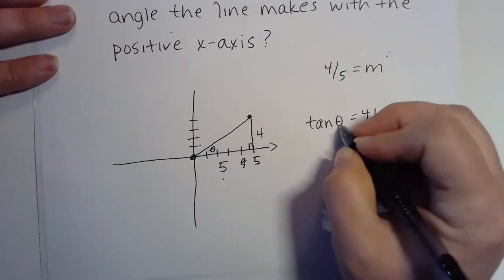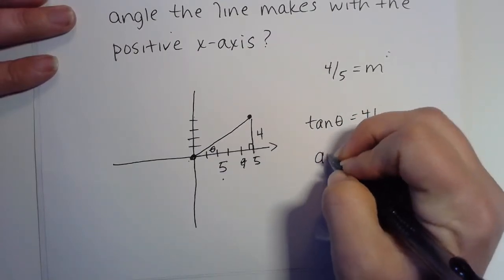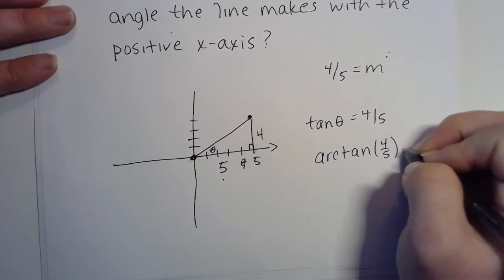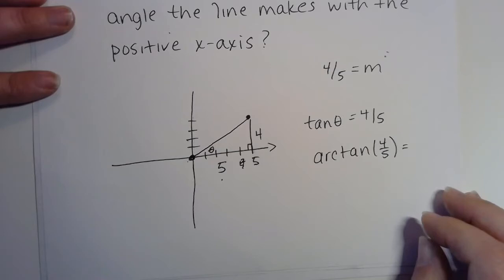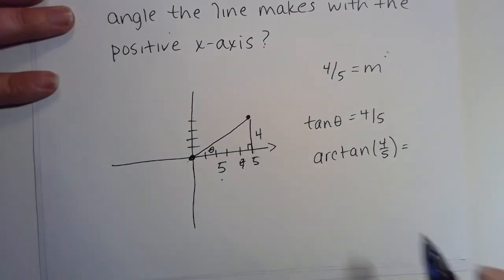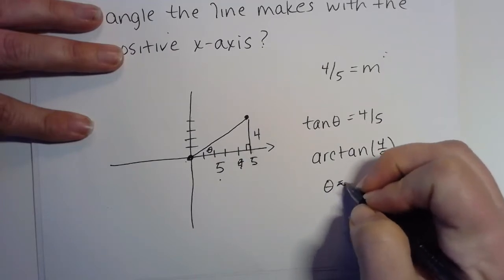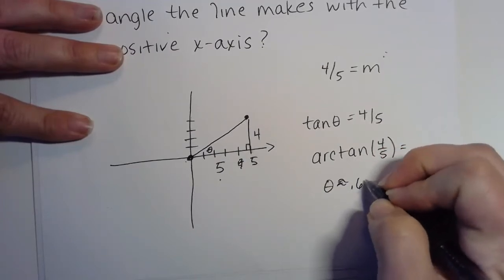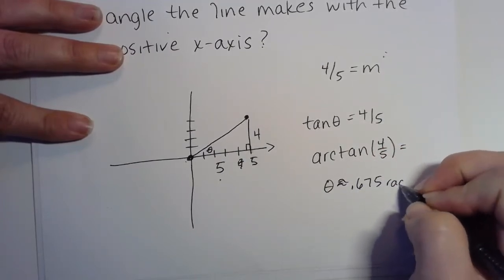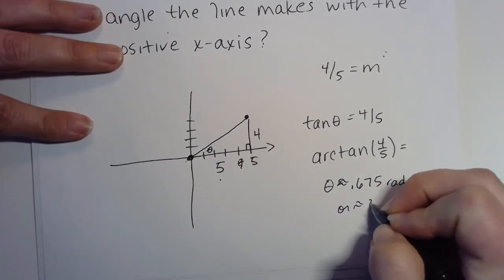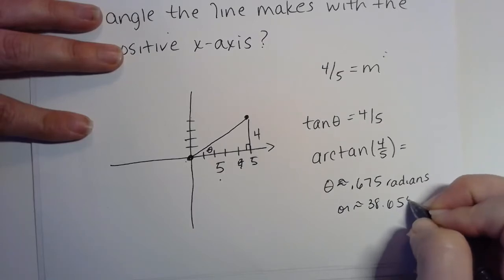So essentially my x and y just flip here. I get arctan of 4/5. And now I really do have to put this in my calculator. When I put this in as decimals, I got theta is approximately equal to 0.675 in radians, or approximately 38.65 degrees.